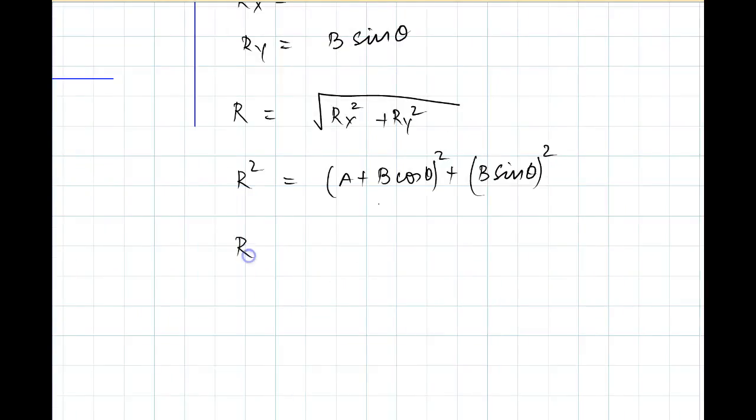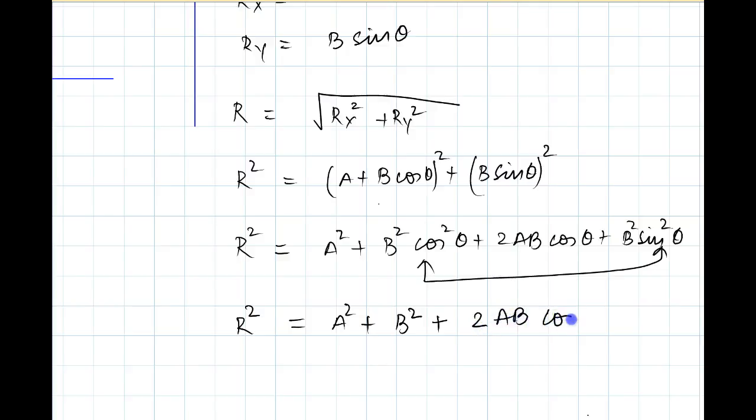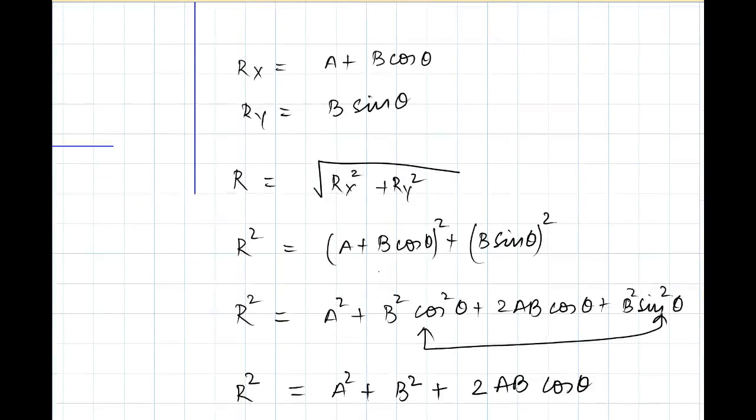So R square is equal to A square plus B square cos square theta plus 2AB cos theta plus B square sin square theta. Fair enough? Can I combine these two? I can take B square common, and cos square theta plus sin square theta will become 1. So the square of the magnitude of the resultant will be equal to A square plus B square plus 2AB cos theta. Fair enough?